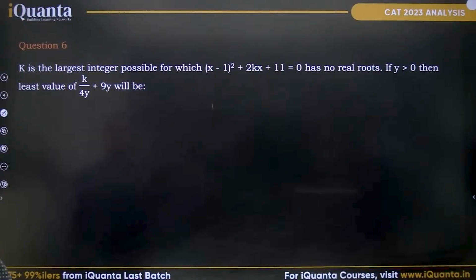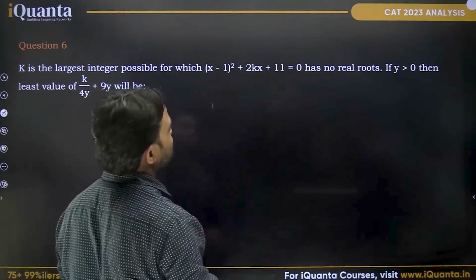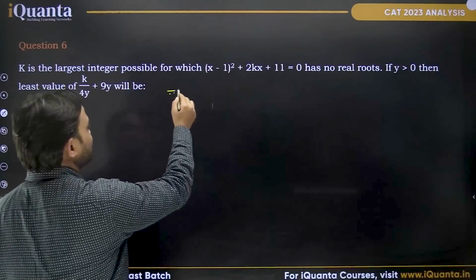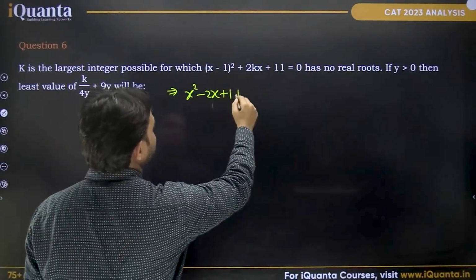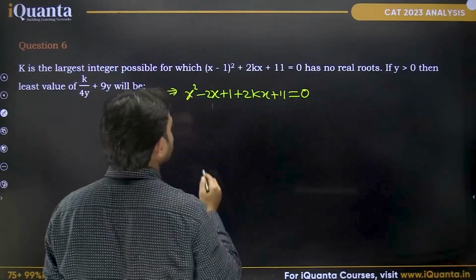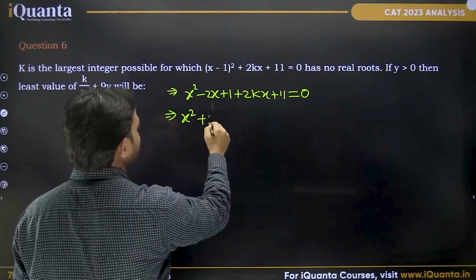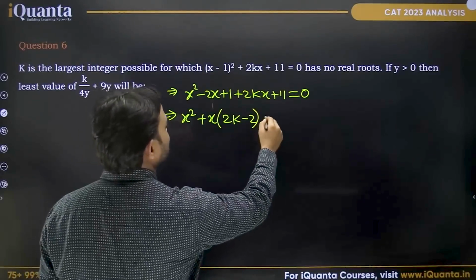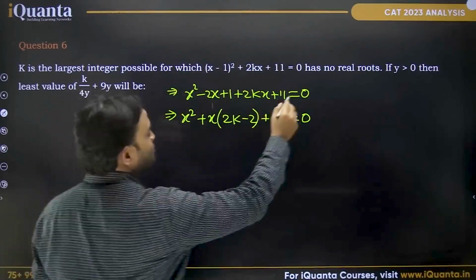Now it says k is the largest integer possible for which (x minus 1) whole square plus 2kx plus 11 has no real roots. So first, if we simplify, this can be written as x square minus 2x plus 1 plus 2kx plus 11 is equal to 0, or this can be written as x square plus x times (2k minus 2) plus 12 is equal to 0. Now what should be for no real roots?